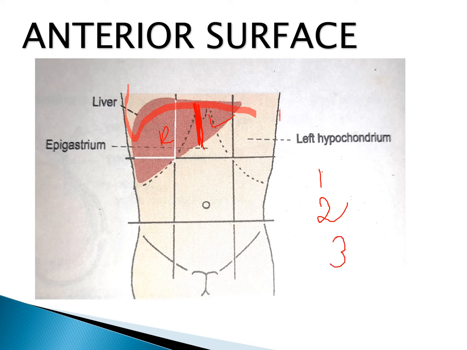The liver is covered by the ribs and is under the ribs, so the name hypochondrium. Even in normal condition, it is not palpable. Fourth is the falciform ligament. So the anterior surface is over.